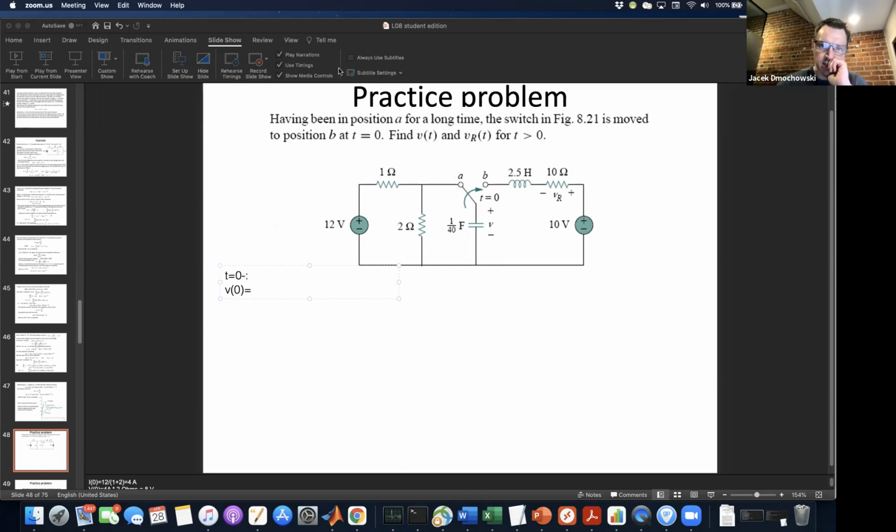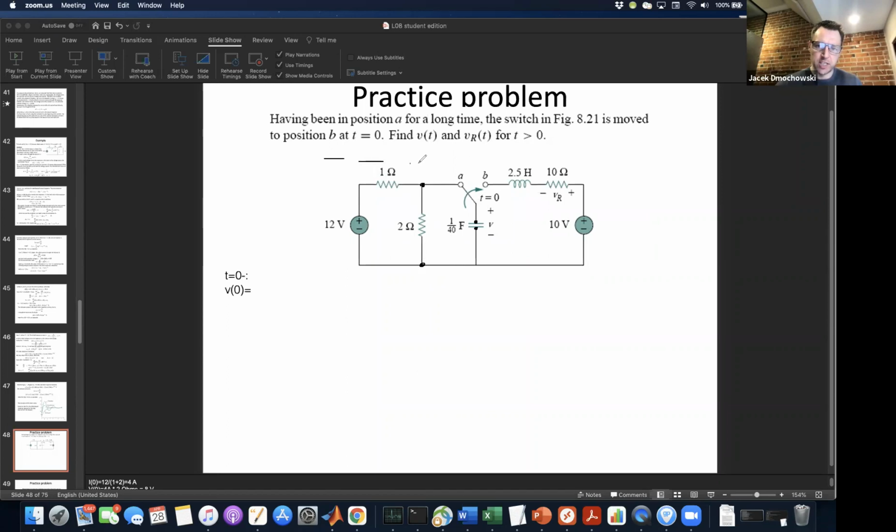I'll give you a hint that it's equivalent to the voltage between this point and this point. And remember that before that switch flips, this is an open circuit, right? The capacitor is an open circuit and it's in parallel with the 2 ohm resistor. So what is the voltage?